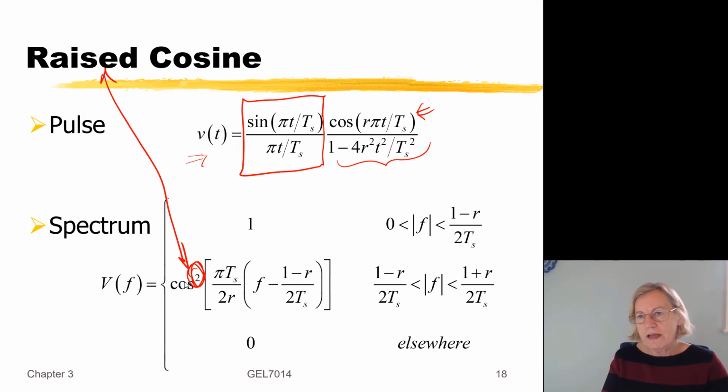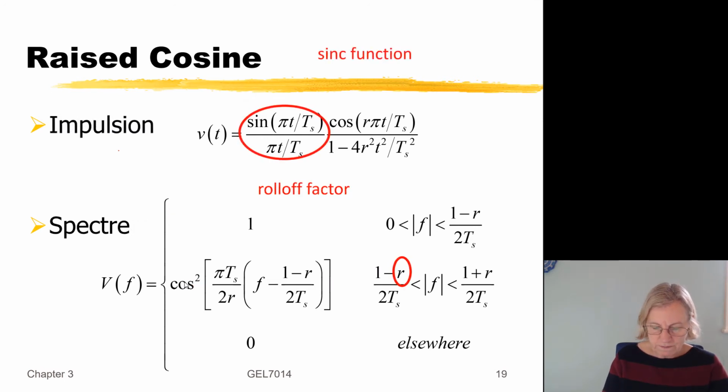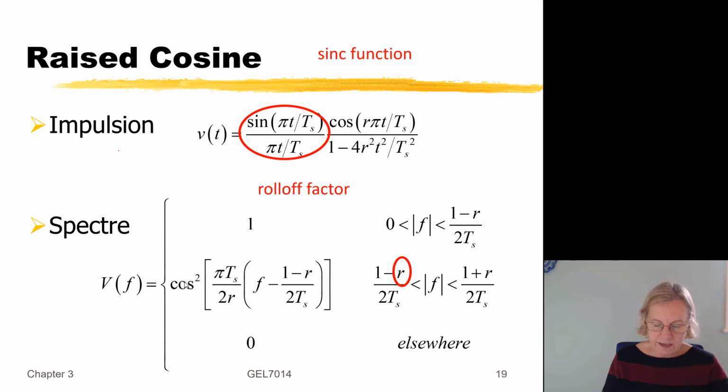And one thing you might have noticed is that besides the sinc function, we have this factor called R, which appears in the expression, and that's what parameterizes the family of raised cosine, and it's known as the roll-off factor. And the roll-off factor determines how much bandwidth is occupied by this pulse. So if we look here, it's a function which is 0 outside a certain interval, and it's constant inside another interval.